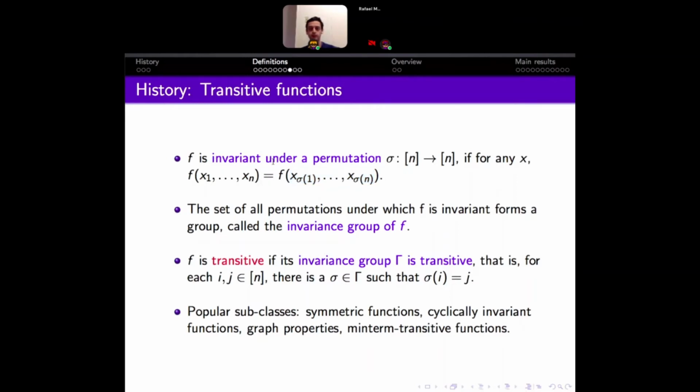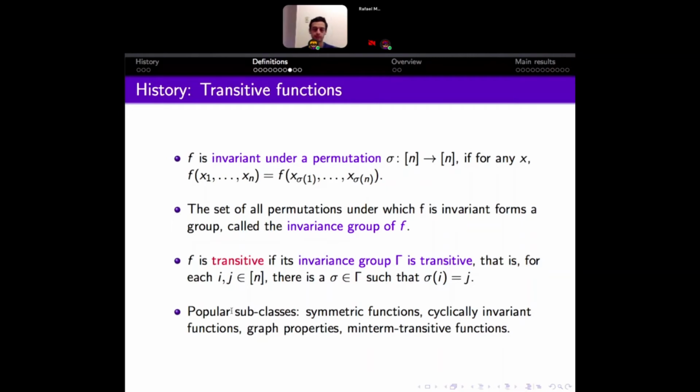In this case, we call that f is invariant under sigma. The set of all such permutations under which f is invariant forms a group, and we call that the invariance group of f. And then f is said to be transitive if its invariance group is transitive. What does that mean? That simply means that for any two indices i and j, there is a sigma which takes i to j.